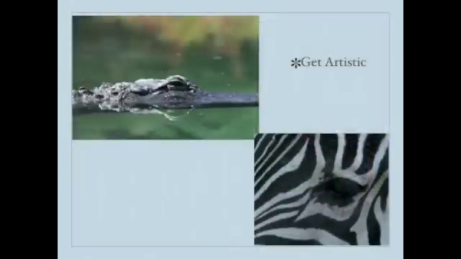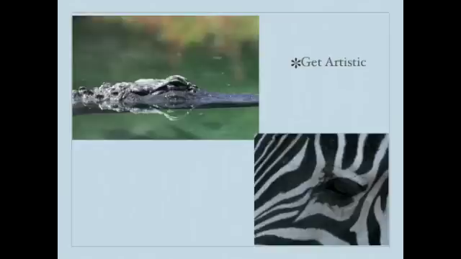And the last tip I have is get artistic. I would have never thought that I would find an alligator to be one of my more artistic outlets, but here this guy was just having his face floating on the top of the surface, and the way the reflection of the trees and brush around him just made for this really interesting watercolory type photo, which I thought was really cool.